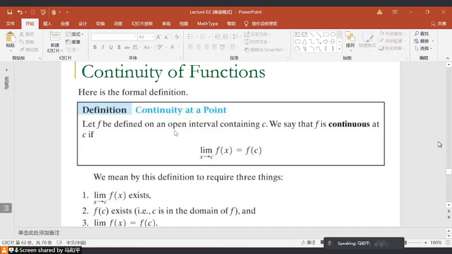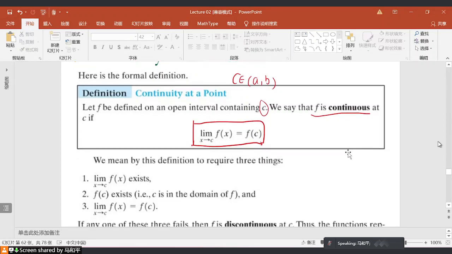Let f be defined on an open interval containing C, for example (a, b), and C belongs to (a, b). We say that f is continuous at C if the limit is f(C). We may find this definition requires three things.